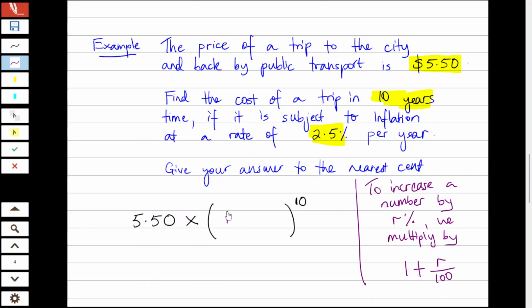So that's what's going to go inside the brackets here. And in this case, the inflation rate, r, is 2.5. Is that okay? So we're just increasing by 2.5%, and we're doing it 10 times. And we're doing that through multiplication.